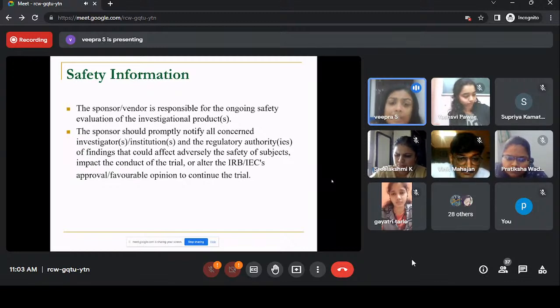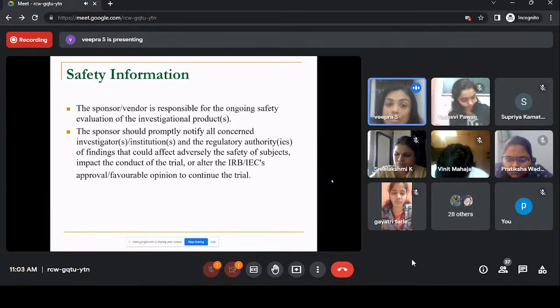If they identify any significant issues which may adversely affect the safety of the trial subject, or may impact the clinical trial, or may alter the approval, then the sponsor has to inform about this. Any safety-related information available about the investigational product which will impact the safety of the subject or the clinical trial, the sponsor has to share with the concerned persons.